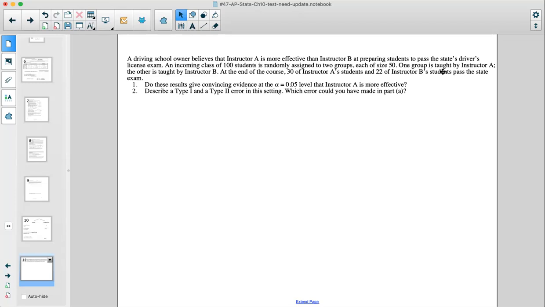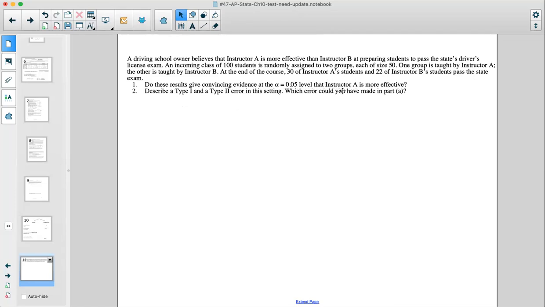One group is taught by instructor A, the other one by instructor B. At the end of the course, 30 of instructor A's students and 22 of instructor B's students pass the state exam. Do the results give convincing evidence at the alpha level of 5% that instructor A is more effective?